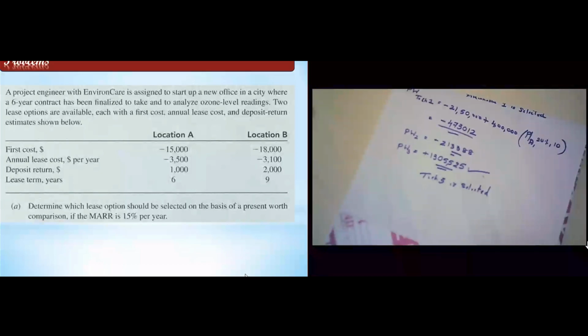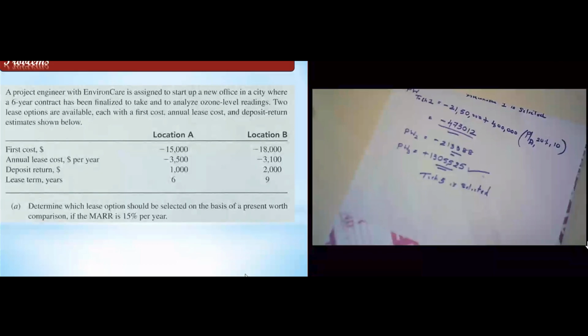Okay, so in the case of the least common multiple method, we first take the LCM of our service lives, that is 6 and 9. So the LCM is 18, which means my time frame is 18 years.